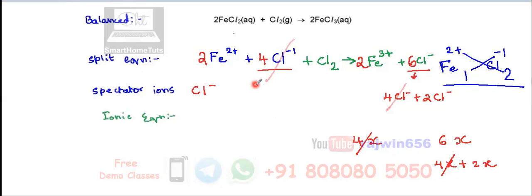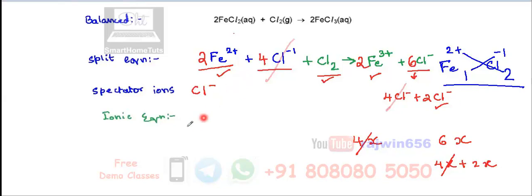What remains of all of these is going to be the ionic equation. What is remaining over here? Chlorine is remaining, and Fe3 plus is remaining and 2 Cl minus is remaining.